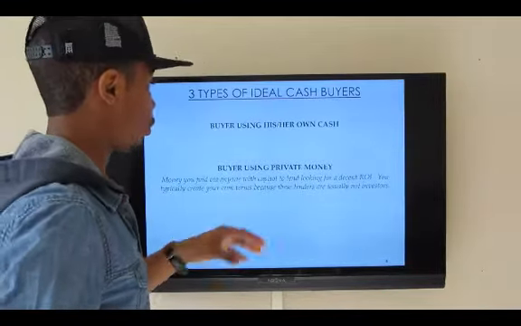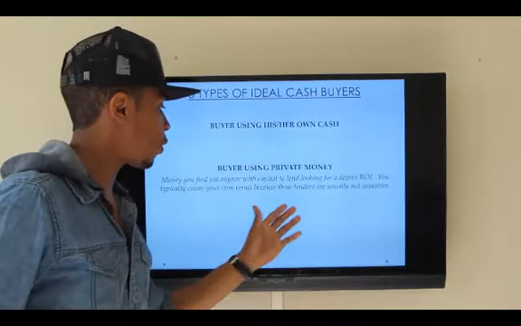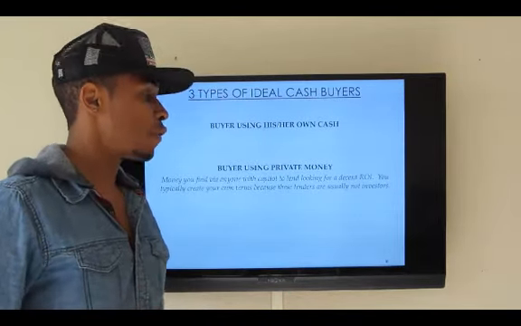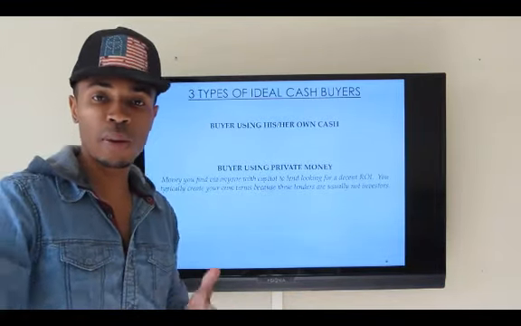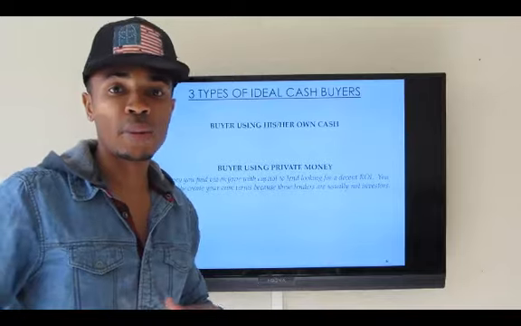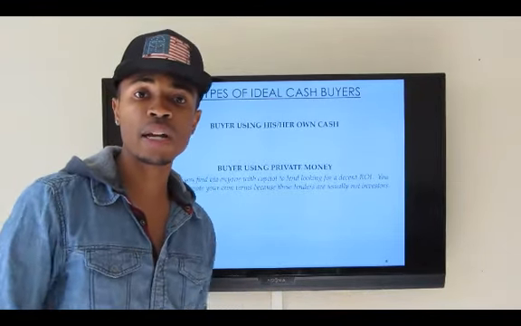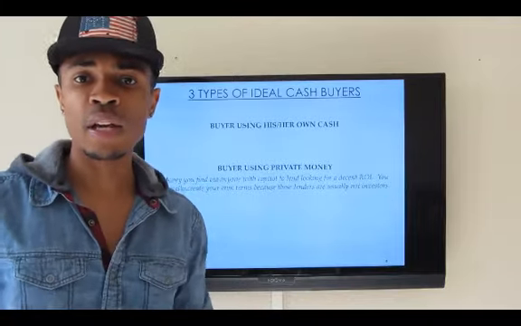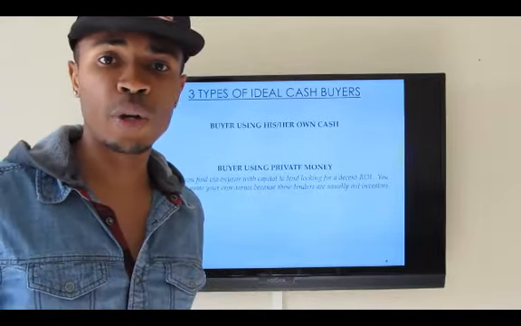Then you have a buyer using private money, and this is money you find via anyone with capital to lend looking for a decent ROI. It could be your mom, your dad, your grandmother, your next-door neighbor, somebody you work with at your nine-to-five, somebody at church, or somebody at the gym.